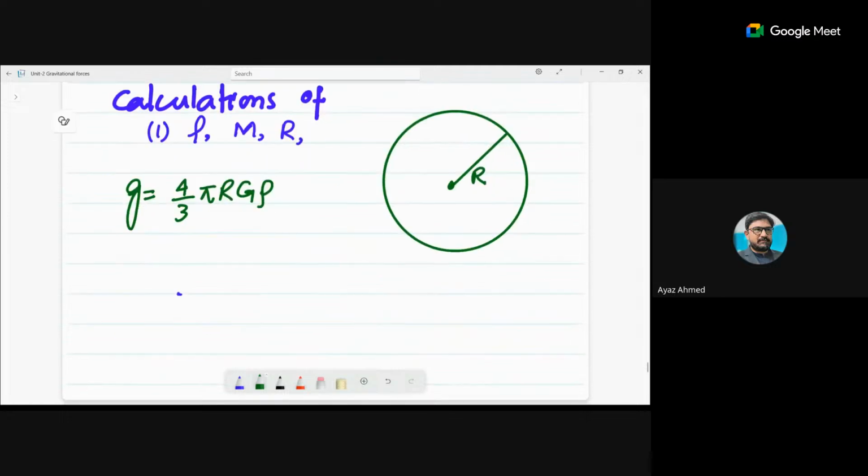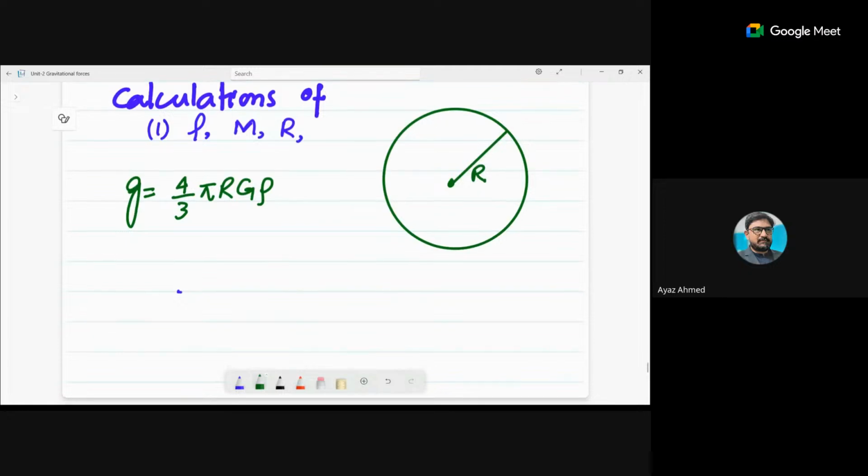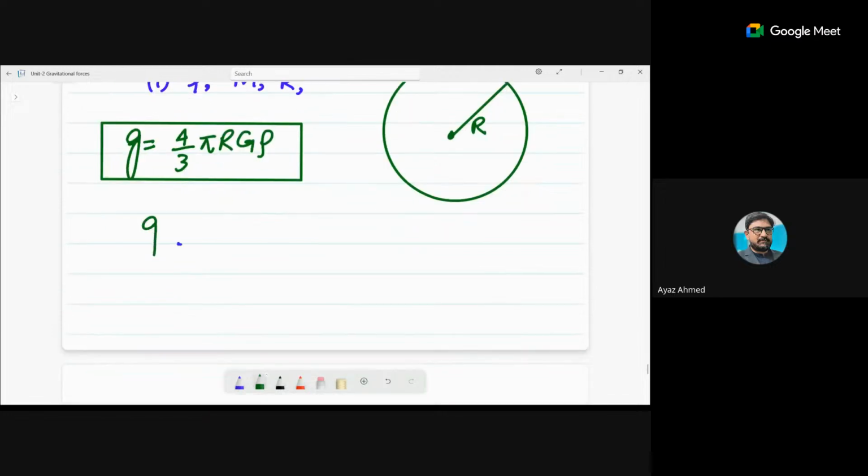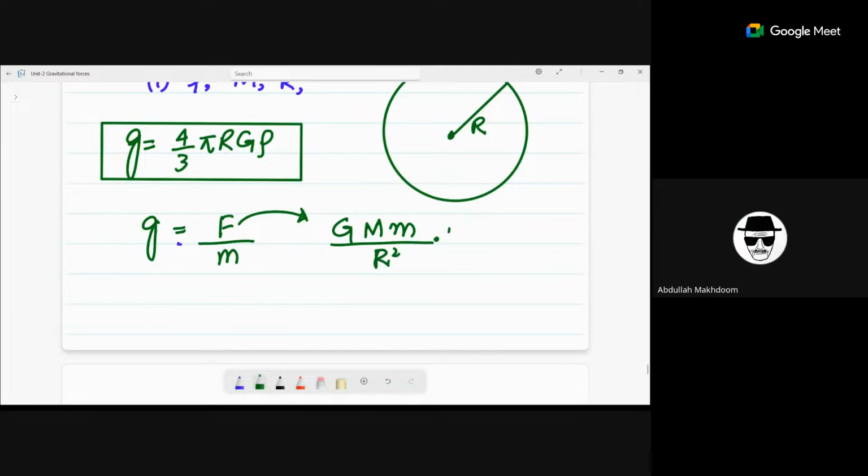Its derivation will also come. Your derivation can come in any format, but you have to start from what? F divided by m, then after that you have to switch to G M m divided by r square, into m, the small m would be gone.